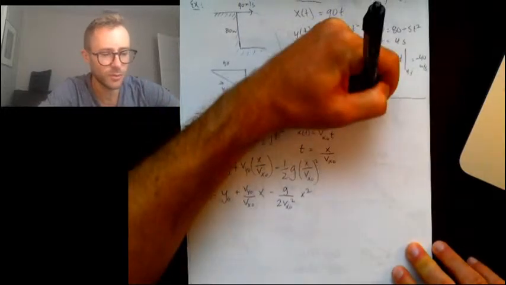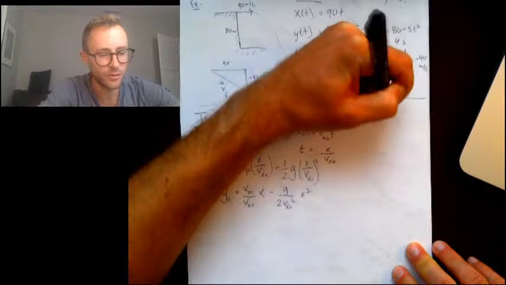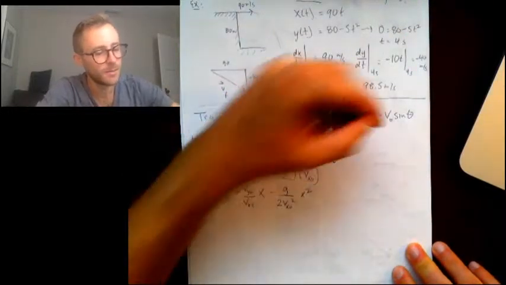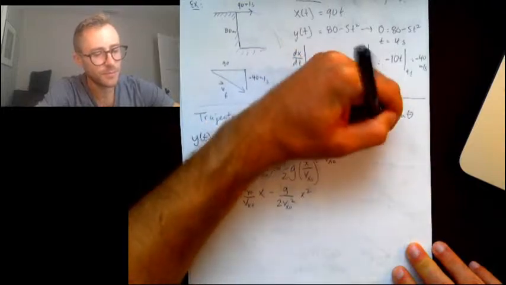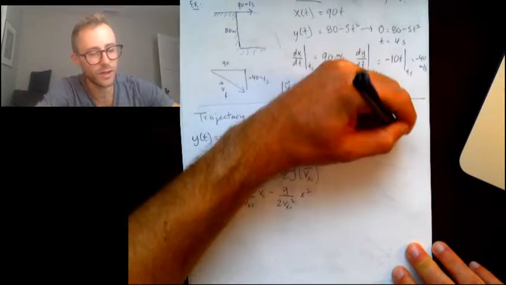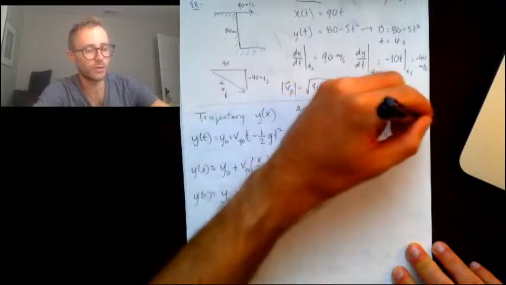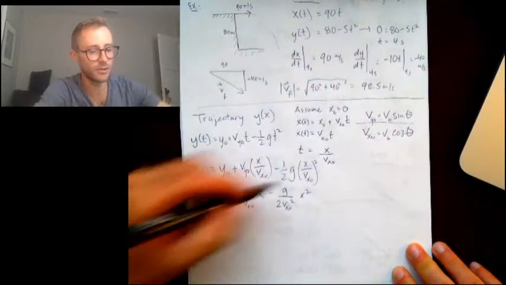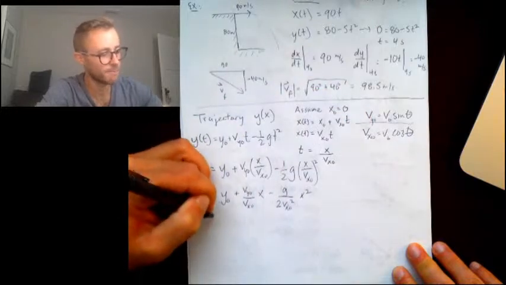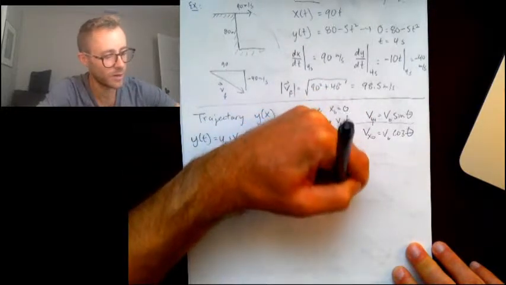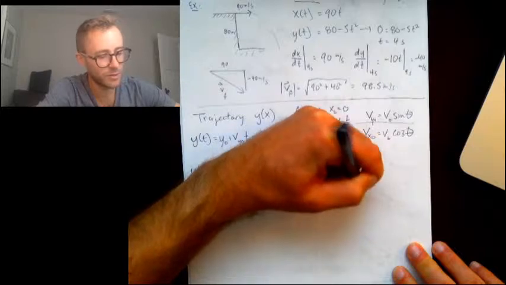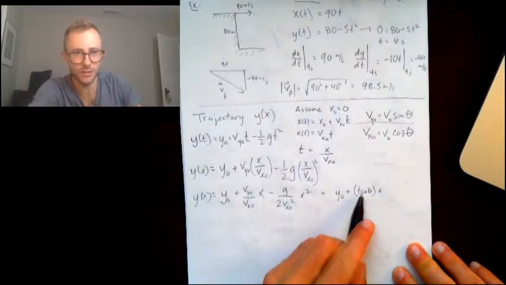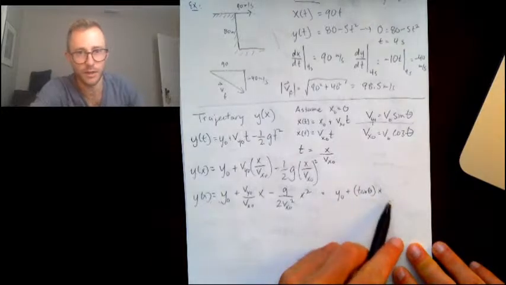Vy naught over vx naught: well, vy naught is just v naught sine of theta, where theta is the angle of launch. Vx naught is v naught cosine of theta. So if I took the ratio, vy naught over vx naught is just tangent of theta. So I get y naught plus tangent of theta times x. The x is not in the tangent; this is tangent of theta multiplying x.